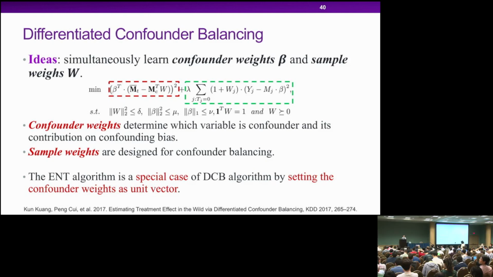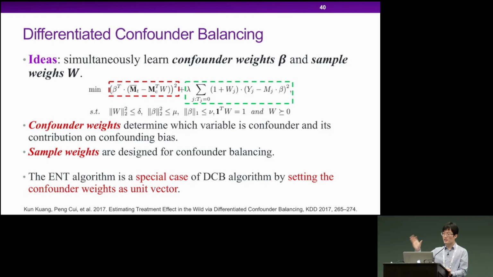So you constrain them to the subgroup that got treated. You need to make the control group's distribution approximate the treated group. But of course, you can also do ATC, the average treatment effect in the control group. Then you just try to approximate the control distribution.